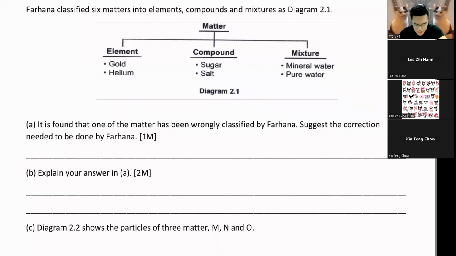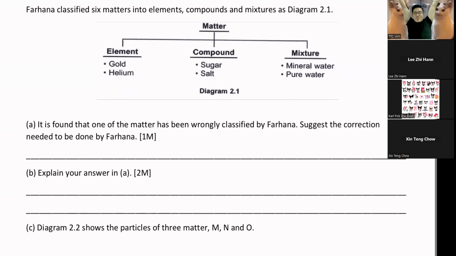So guys, which one is wrong here? Which one is classified wrongly here? They are in the wrong family here. Which one? These 6 of it. Which is wrong? Is gold an element? Okay, yes, it is. Helium is also an element. There's only one thing wrong here.